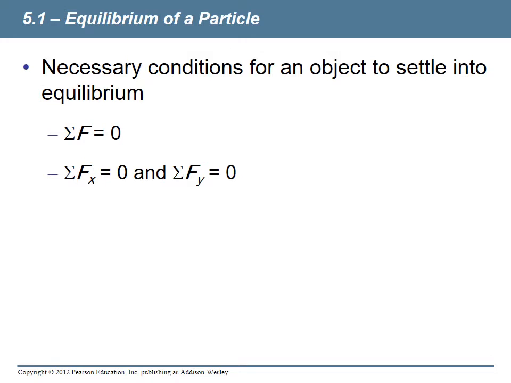So a quick little review from the chapter 4 stuff: we had one necessary condition for an object to settle into equilibrium. We defined equilibrium as not accelerating, right? So it's no change in velocity, no acceleration.